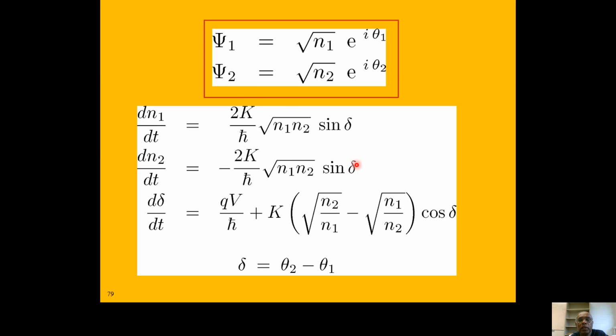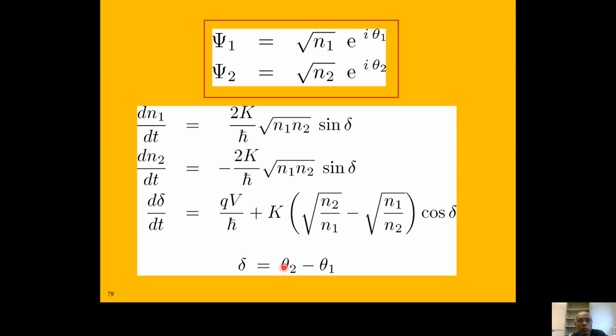So if I take e to the i theta minus e to the minus i theta over 2i, you get a sine function, right? So this is very simple to derive. And same for cos delta, you can get as e to the i theta plus e to the minus i theta divided by 2. So you can calculate all these functions.